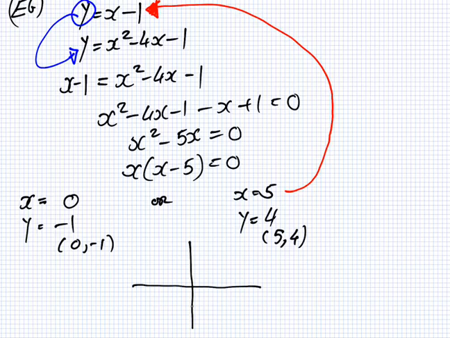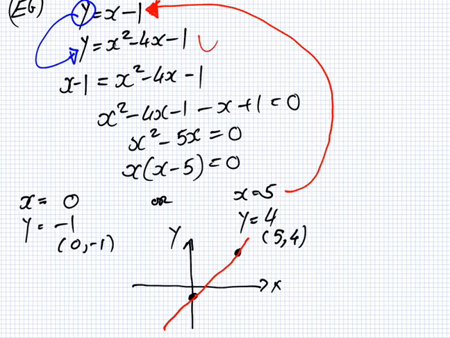Factorizing is the best way to go here. You have x and x minus 5. So you can see that you have two values for x: x equals 0 or x equals 5. Now that's not quite finished because we need to get the y's now. I'll take these answers and put them back into this one. y is x minus 1.